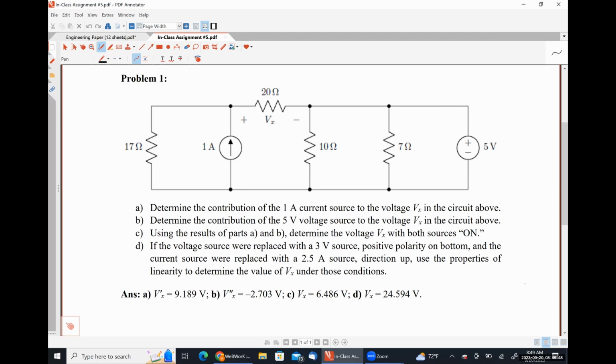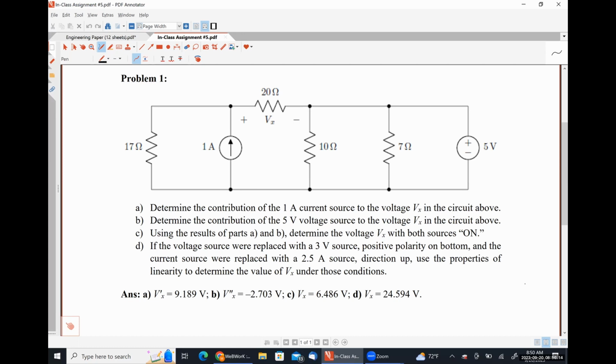For part D, we are scaling sources, right? So if the voltage source were replaced with a 3-volt source, that's the same thing as scaling that 5-volt source by a factor of 0.6. Positive polarity on bottom, so actually it's scaling it by a factor of negative 0.6. And the current source were replaced with a 2.5 amp source direction up, so that one's being scaled by a factor of 2.5.